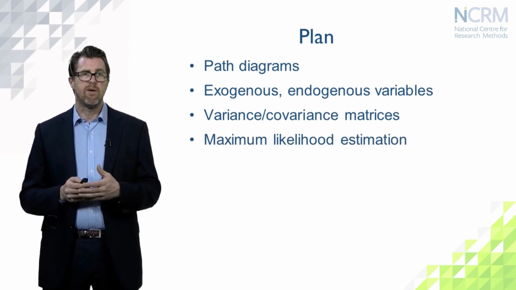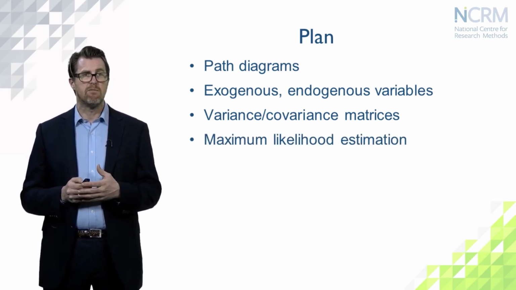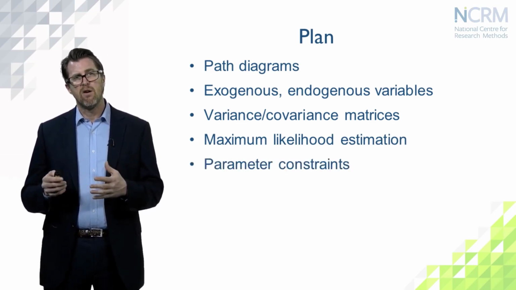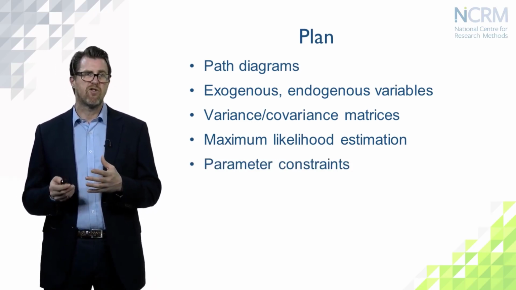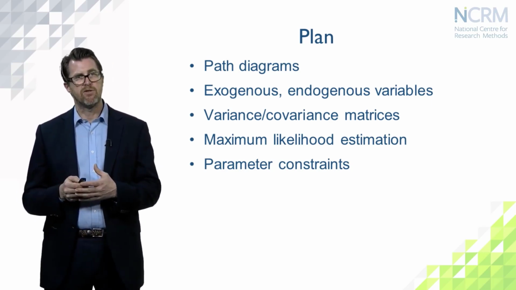I'll talk a little bit about how parameters are estimated using maximum likelihood, and I'll also go over how we apply what are called parameter constraints, how we don't always estimate every parameter in the model.